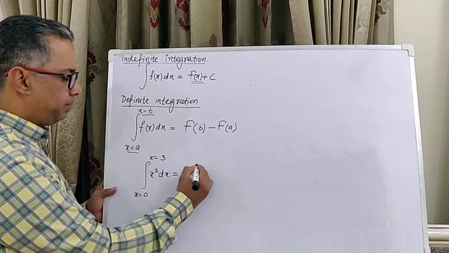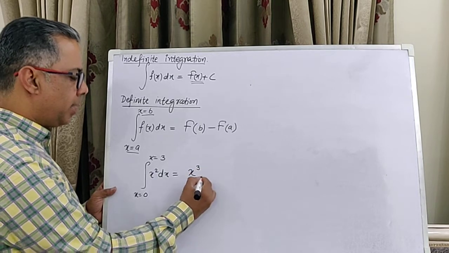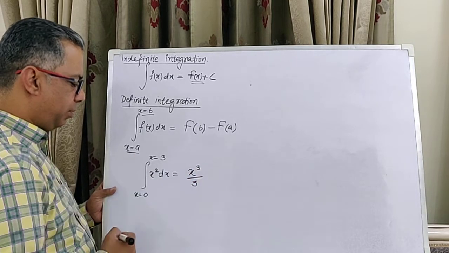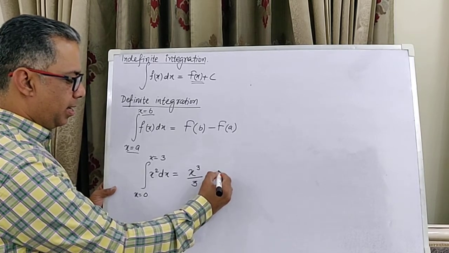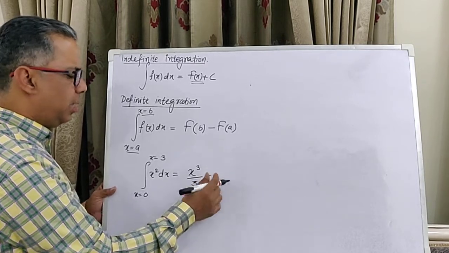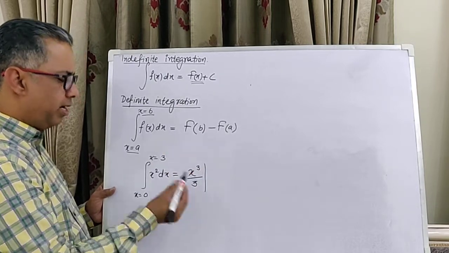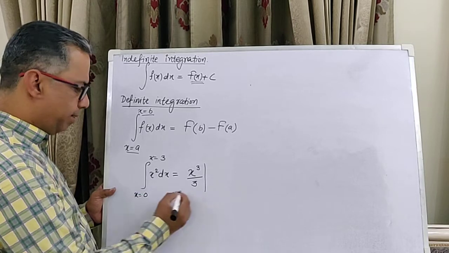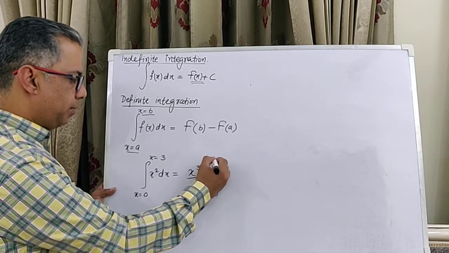Integration gives you x to the power, increase the power by 1, divide by that increased power, and then add an unknown constant c, but then we won't need to do that here. We are implementing definite integration, unknown constants are not there. X equal to 0 to x equal to 3.